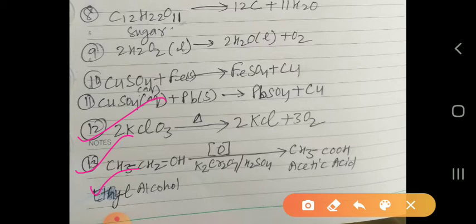What does it mean? It means it is acidic potassium dichromate, because H2SO4, sulfuric acid, is added, so it becomes acidulated. Then it will form acetic acid. CH3COOH is acetic acid.